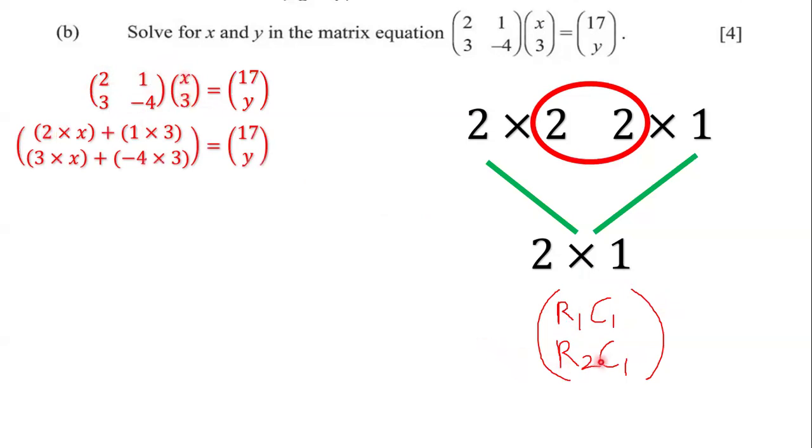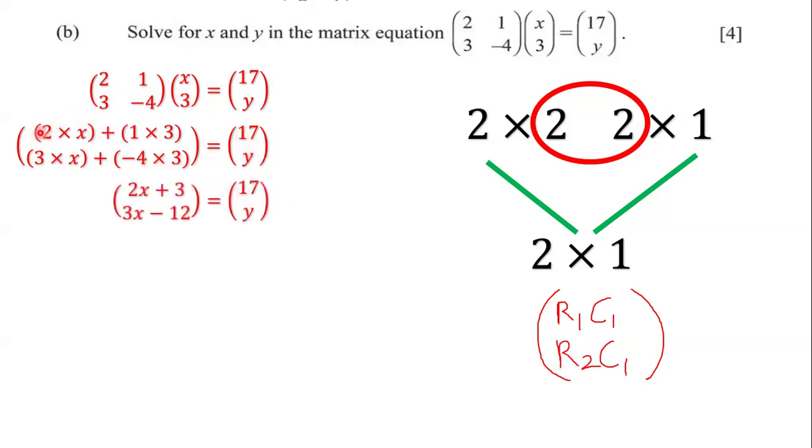Next, we have to go to row 2, column 1. So we have 3 times x, and we have -4 times 3. And this is equal to 17y.